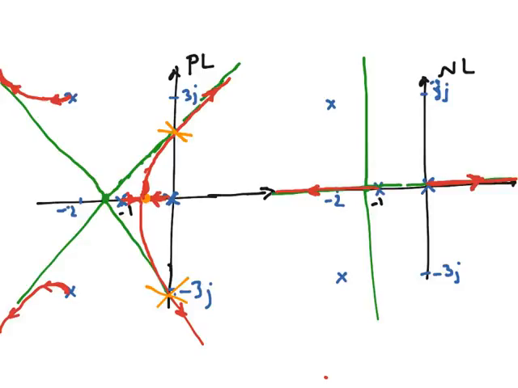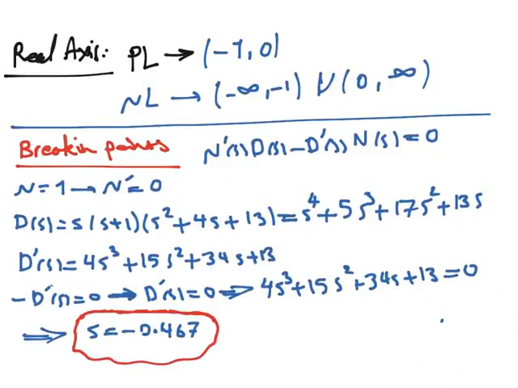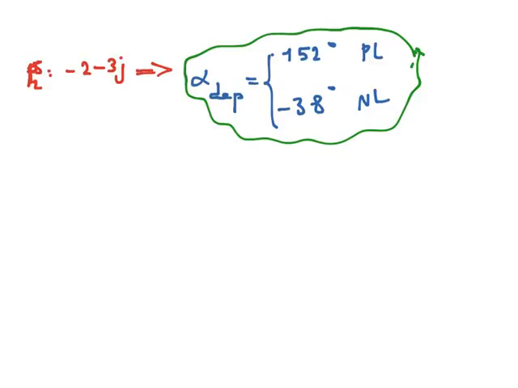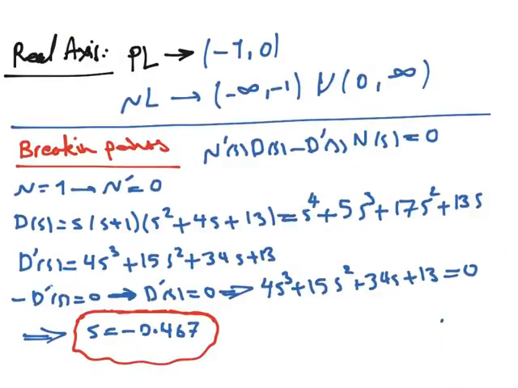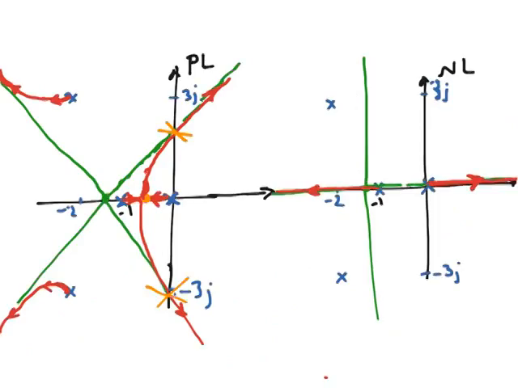Let's do the drawing for negative locus as well. In the case of negative locus, the angle of departure for P1 is equal to 38 degrees, and for P2 is equal to -38 degrees, and it makes sense because we need to have a symmetric root locus.